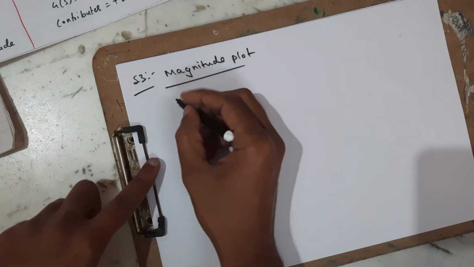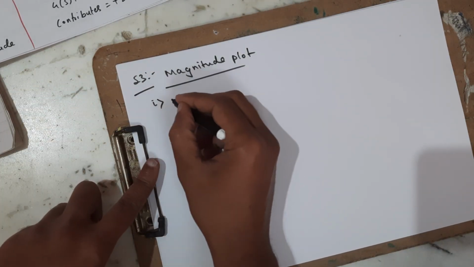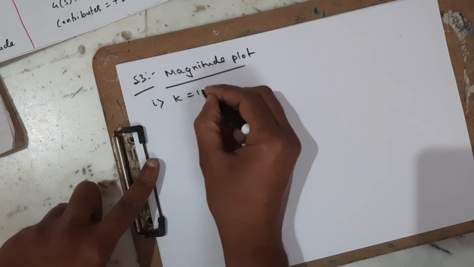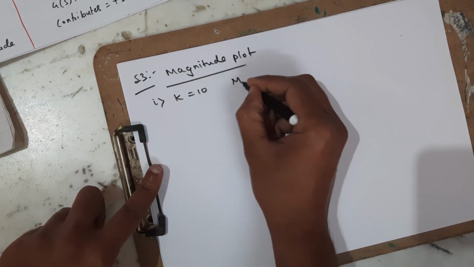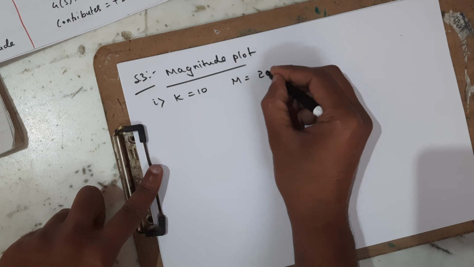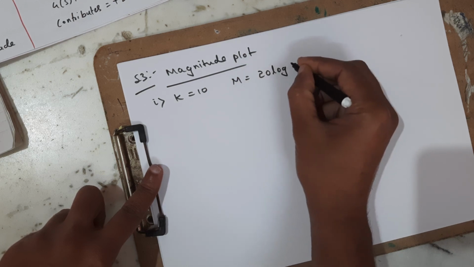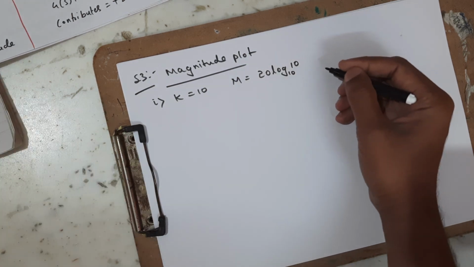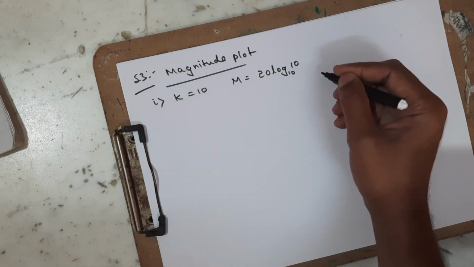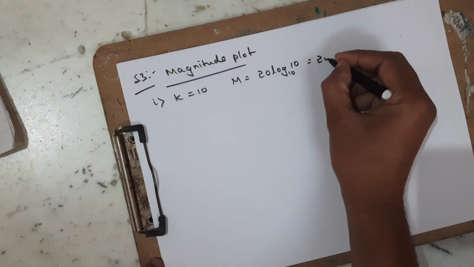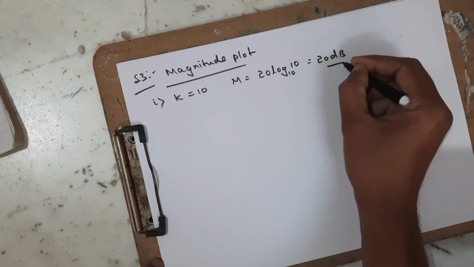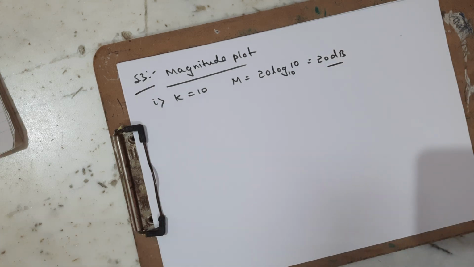Okay, first factor, K is equal to how much? K is equal to 10. Therefore magnitude is 20 log K, that is 20 log 10 to the base 10. So how much is this? That is equal to 20 dB. I got it, 20 dB.